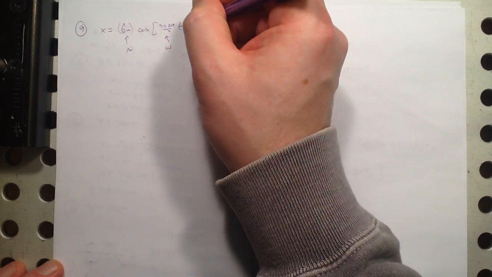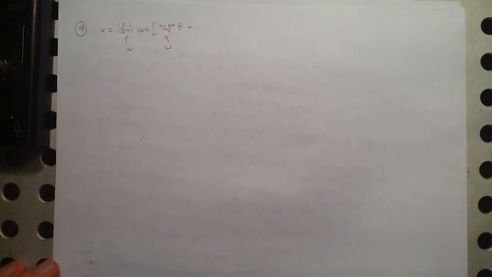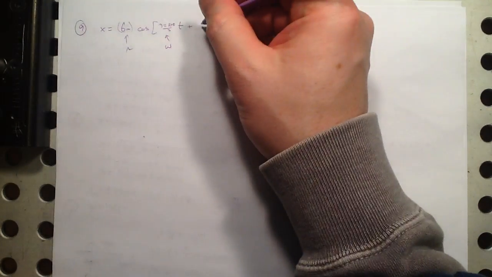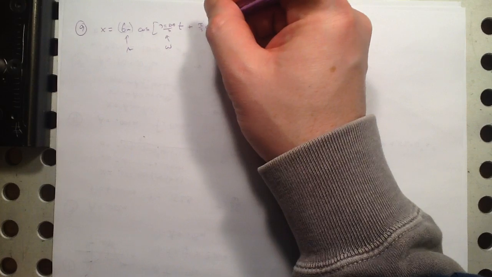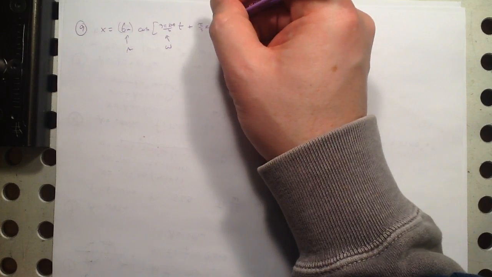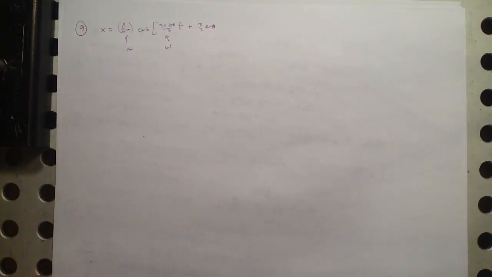This is omega. Plus, so there's a shift here. This is a horizontal shift, or what we call a phase shift. Problems like this: plus pi over 3 radians per second.